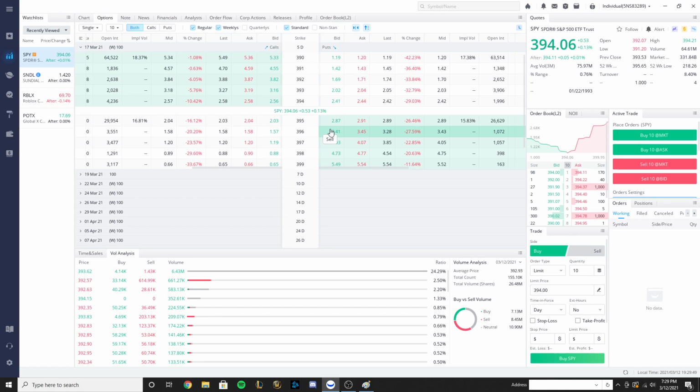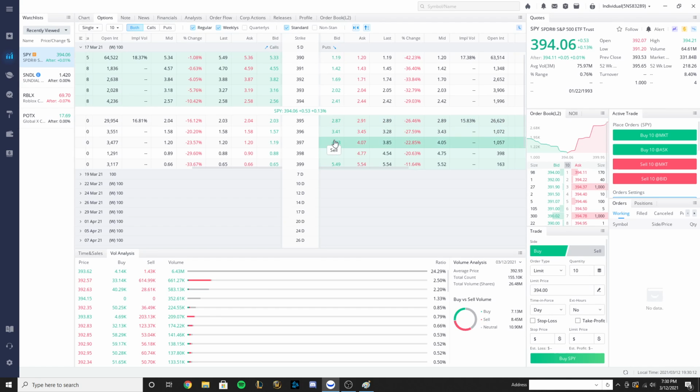$341 basically, because we would want it to go down, which is this way, because this is inverse. That always throws me off. But we would wait for it to go down to 394, and then this would be worth 403 instead of just 341.